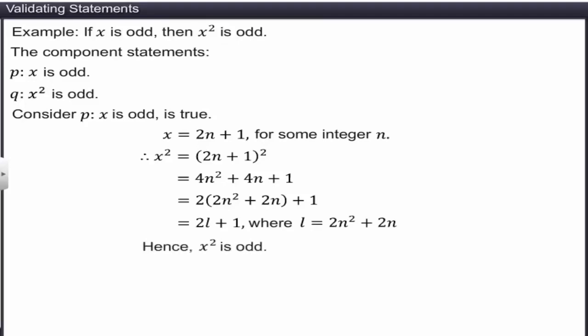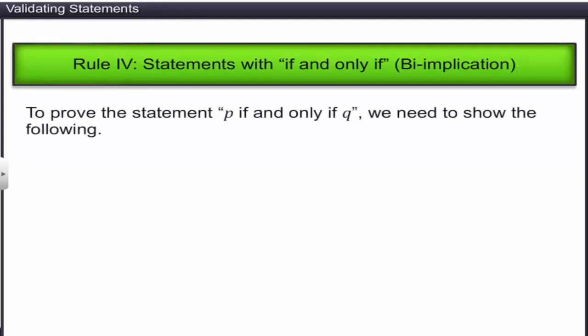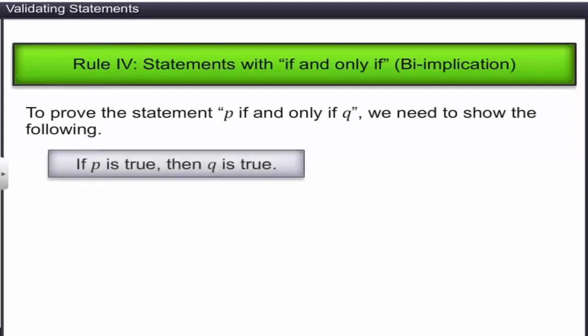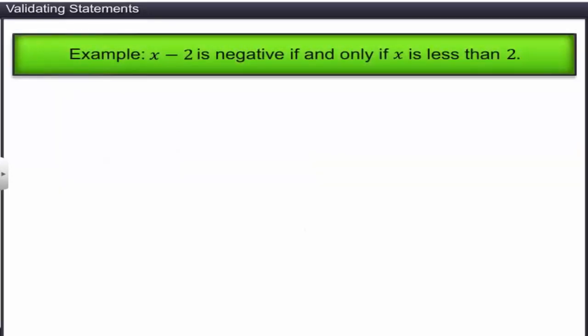Rule 4 is used to prove by implications. To prove the statement P if and only if Q, we need to show that if P is true, then Q is true. If Q is true, then P is true. Let's prove the statement. x minus 2 is negative if and only if x is less than 2.